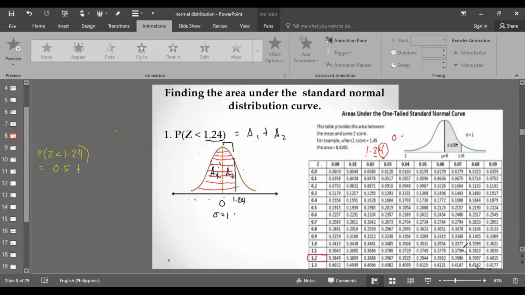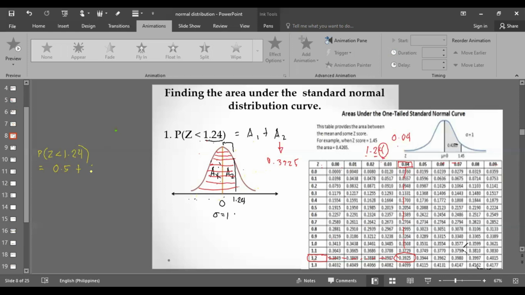So we have 0.04. Look for it in the first row of this table. 0.04 is right here. Then get the intersection. So it's 0.3925. Therefore, the area between 0 and 1.24 is 0.3925.